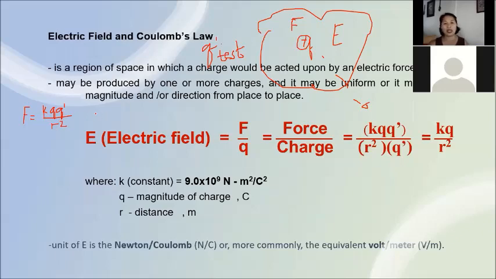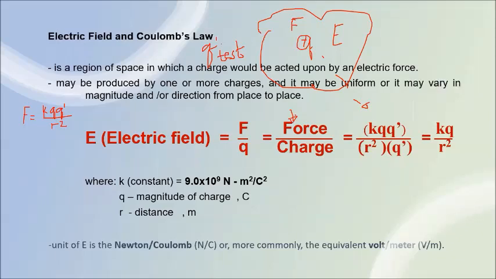Okay. So let us substitute that in the force dito. That gives us ito na portion na to. This is force. And then divided by Q prime. Okay? So makancel ito, giving us KQ divided by square of distance.